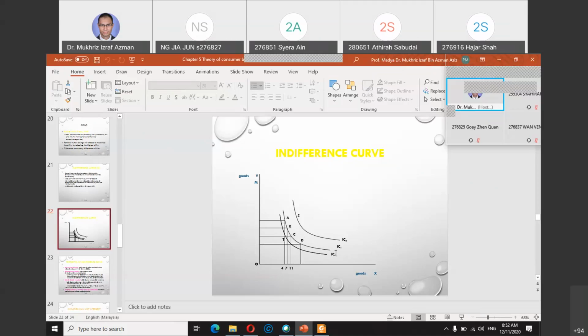That is the meaning of different combinations of good X and good Y: as long as you remain on the same indifference curve, it is the same utility.